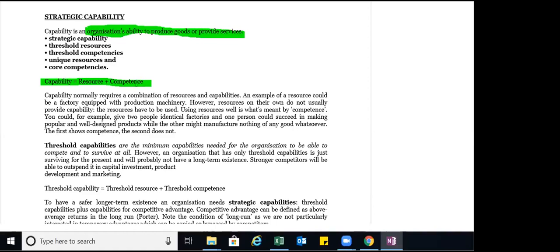When we say someone is capable of passing SBL, what does he or she need? That person needs to have the resources, for example, the study text, revision kits, past attempts, examiner's reports, lecture notes. These are the resources.